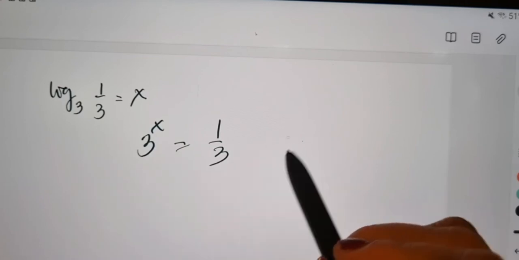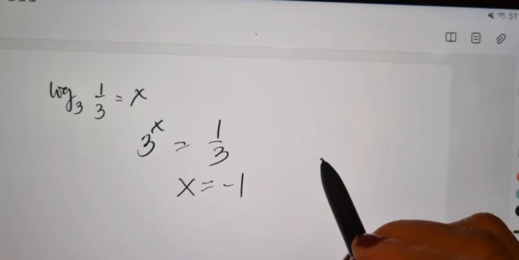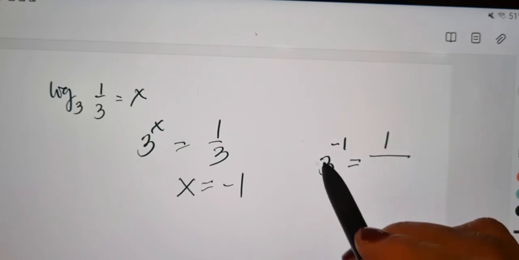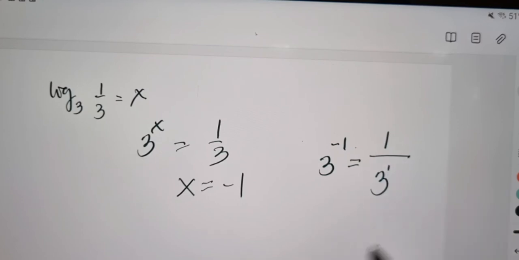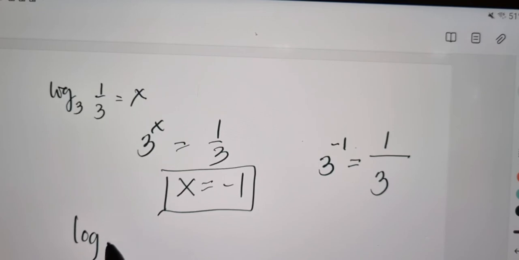And that is negative 1. X is equal to negative 1. Because 3 raised to negative 1, pag negative yan, napupunta siya sa denominator, pero nagiging positive siya. Kasi pag 1, hindi na natin nilalagay. So now, log base 3 of 1/3 is equal to negative 1.